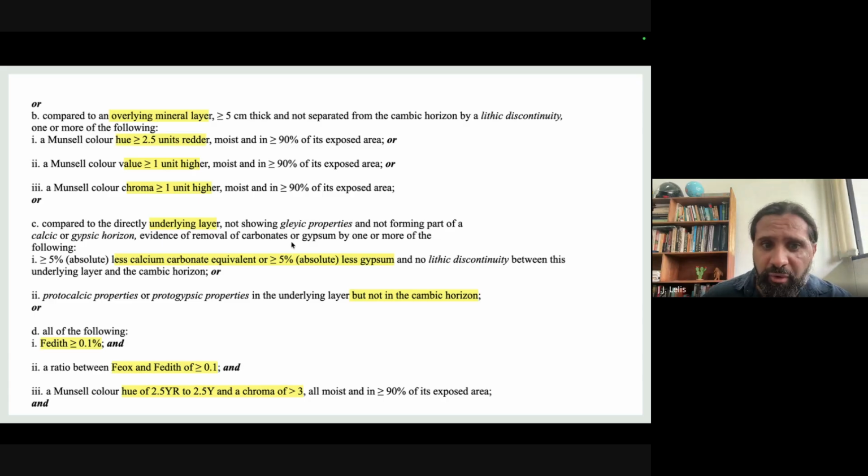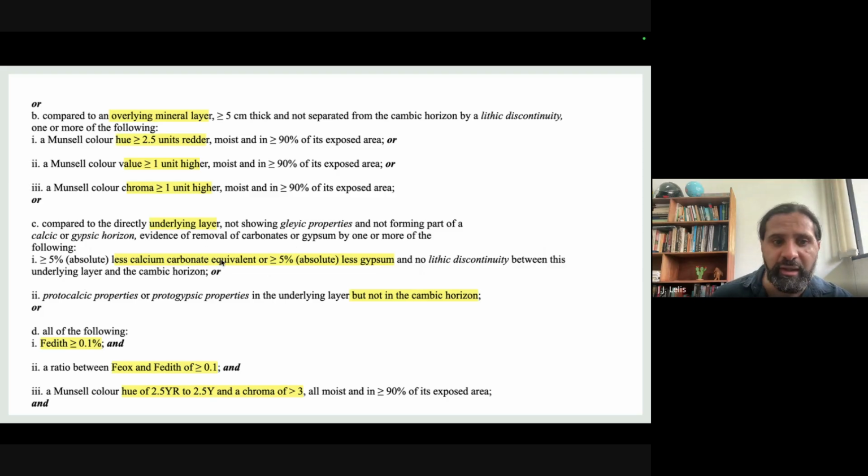So this removal of calcium carbonate or gypsum should be identified by equal or higher than 5% absolute less calcium carbonate equivalent or 5% or more absolute less gypsum, and no lithic discontinuity between this underlying layer and the cambic horizon.